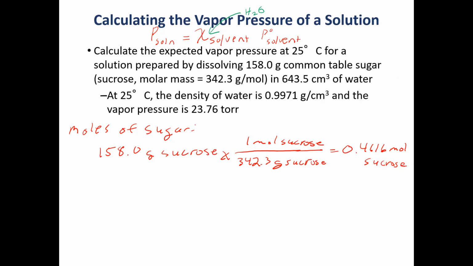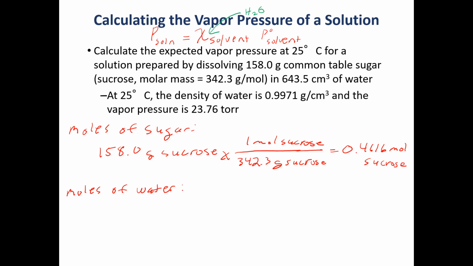And then to calculate the moles of water, we're given that we have 643.5 cubic centimeters of water, and we have to get from there to moles of water.